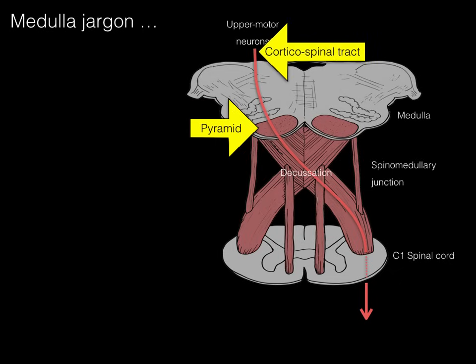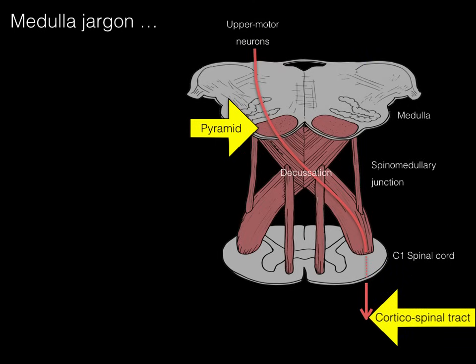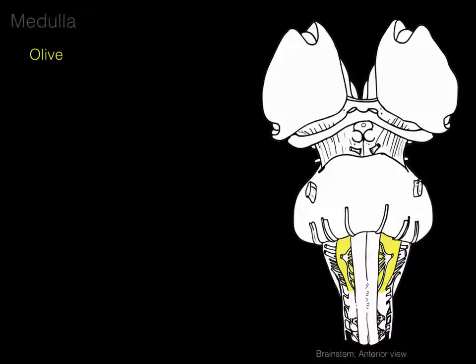So this corticospinal tract are these upper motor neurons that course down the pyramid, decussate in the spinomedullary junction, and then descend, continuing this tract of upper motor neurons that go from the cerebral cortex to the contralateral spinal cord called the corticospinal tract. I'm hoping that might be helpful in taking all these terms and trying to understand them.